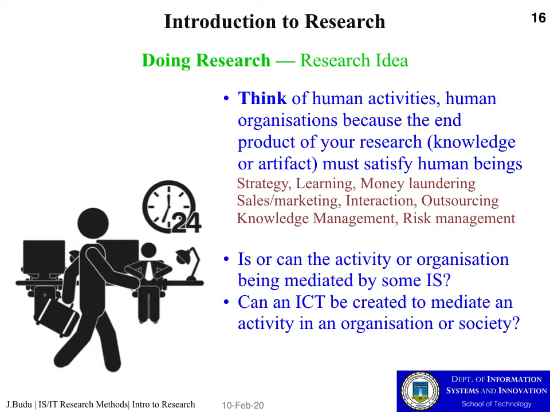Now, when you identify the human activity you are interested in, you ask yourself, is this an activity that can be affected by information technology or by an information system? If you talk about money laundering, for instance, or banking fraud, this is something that is happening right now.